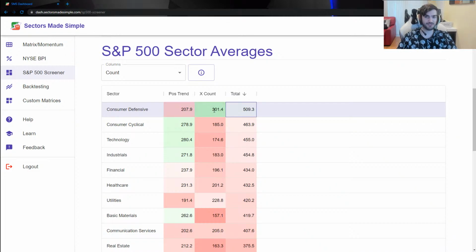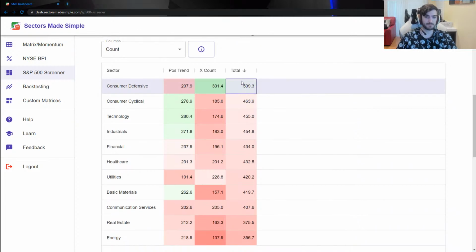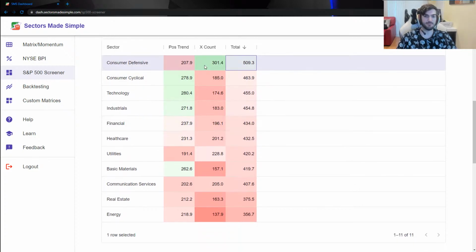The average X count is 301, and the average overall, 509.3. We can compare that in context to every other sector, so we can see exactly how far above or below consumer defensive is compared to other sectors.